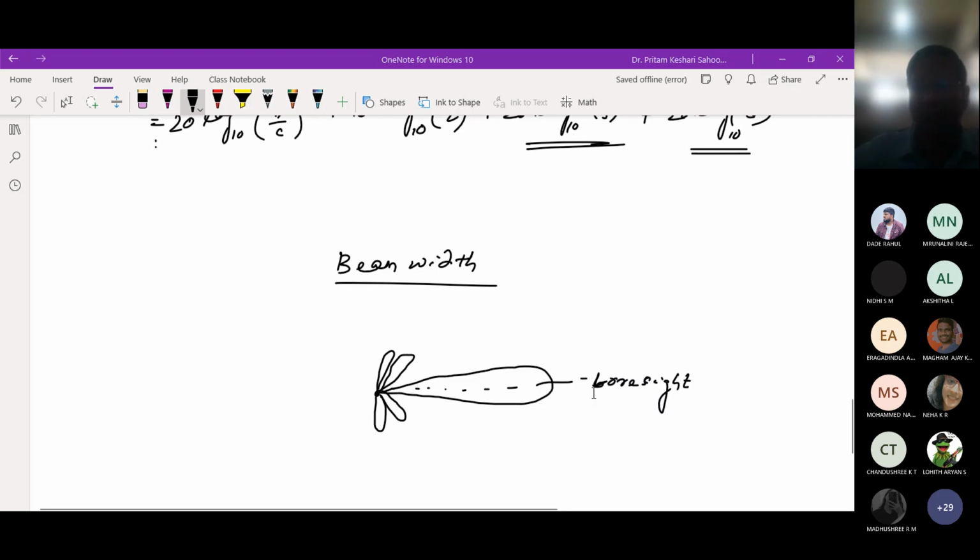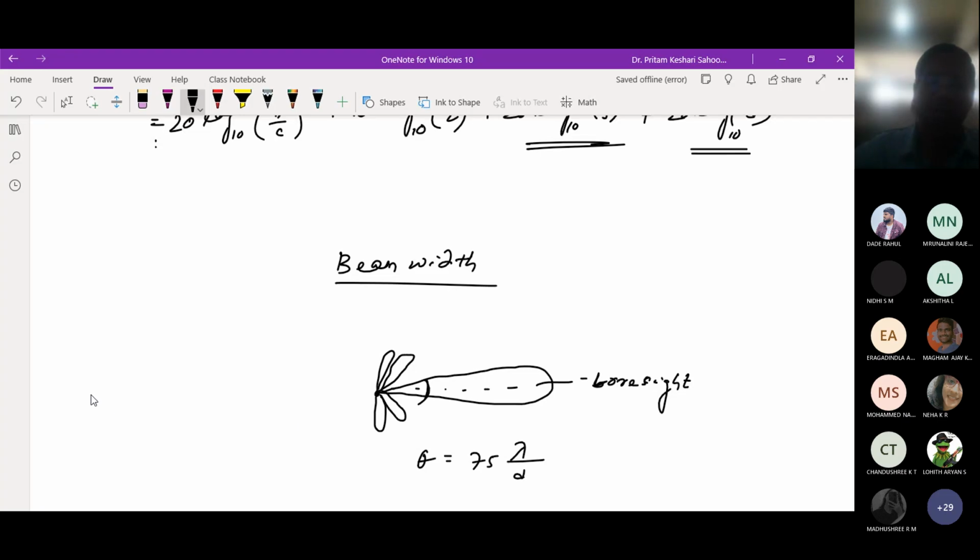This angle is called the beam width of the antenna. It can be represented by theta equal to 75 multiplied by lambda divided by d.